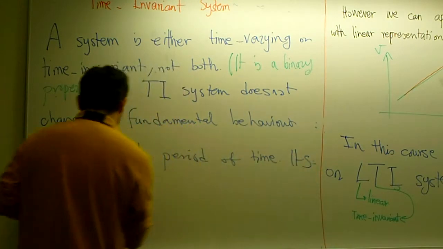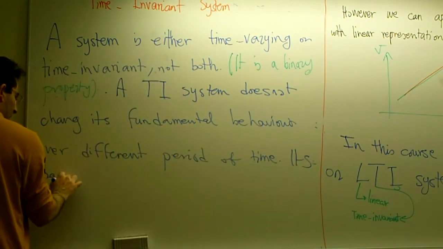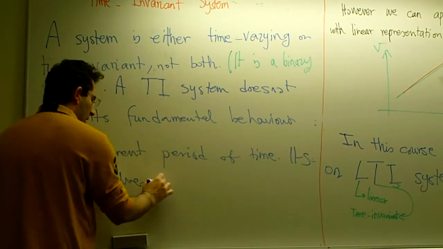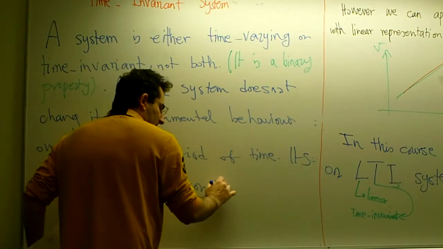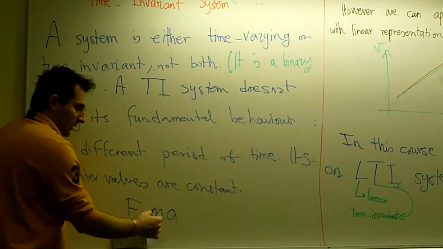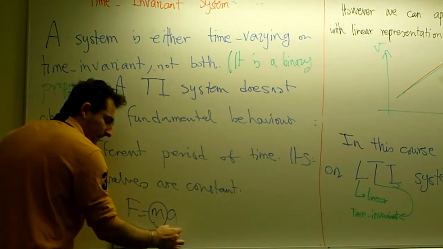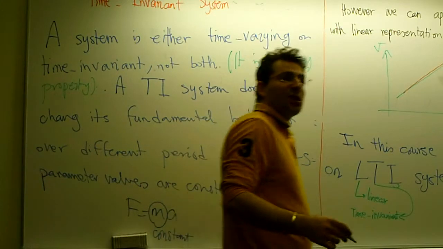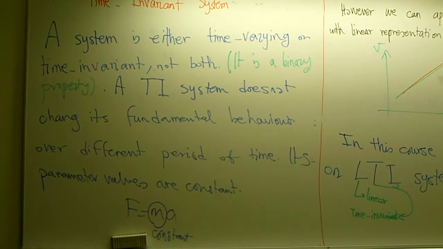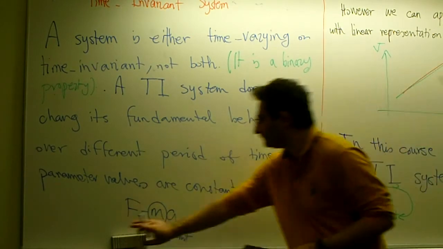Its parameter values are constant. Like in Newton's laws, F is equal to ma. We say that m is constant. In reality, m is changing. You send a rocket to go up, the fuel is being consumed, so the mass of the rocket is changing. So it means that the m is changing. However, I said, for simplicity, we keep it the same.